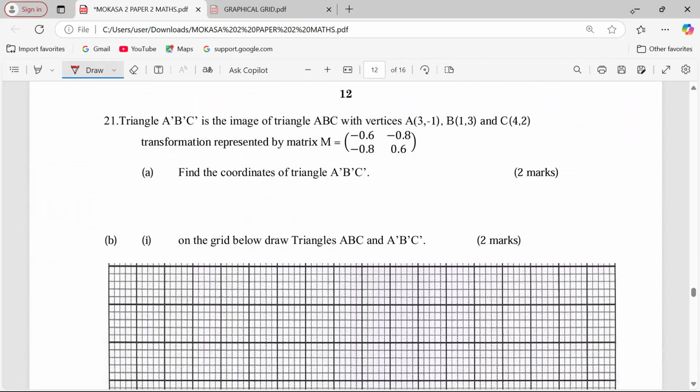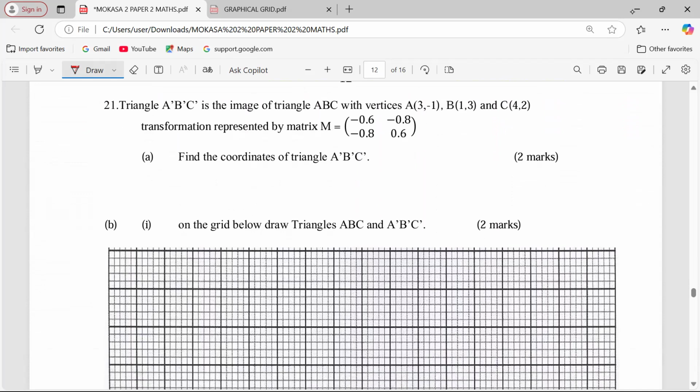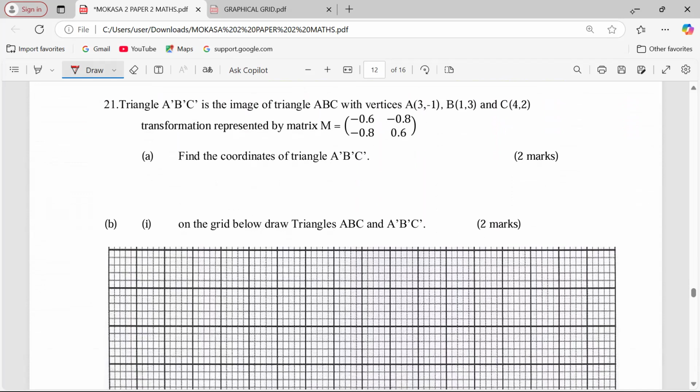Now in number 21, we are told that triangle A prime, B prime, C prime is the image of triangle ABC with vertices A(3, -1), B(1, 3), and C(4, 2), under a transformation represented by matrix M, which is the matrix with rows -1, -0.6, and -0.8, -0.8, 0.6.